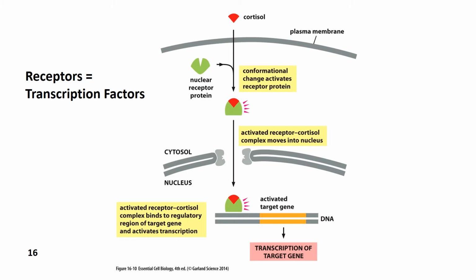That nuclear localization signal is used to transport the receptor hormone complex to the nucleus, where that complex binds to a regulatory region on DNA, specifically an activator site that induces transcription of target genes, cortisol responsive genes in this case.